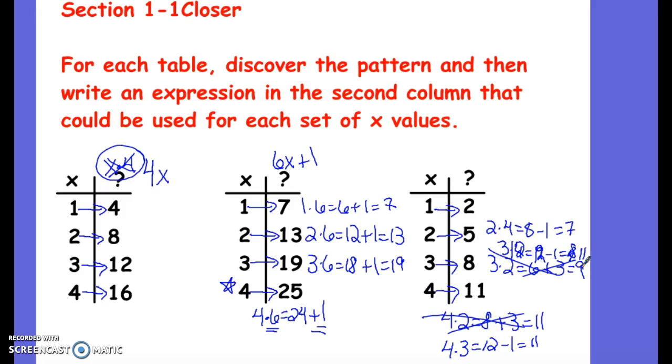Let's see if you can figure out the pattern. So 4 times 2 didn't work. 4 times 3 didn't work.